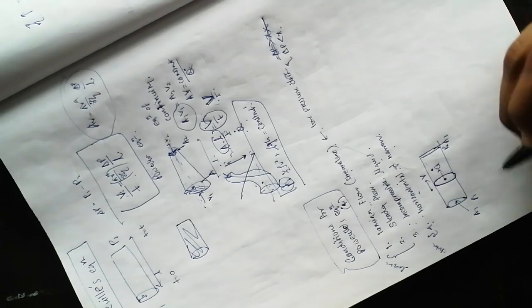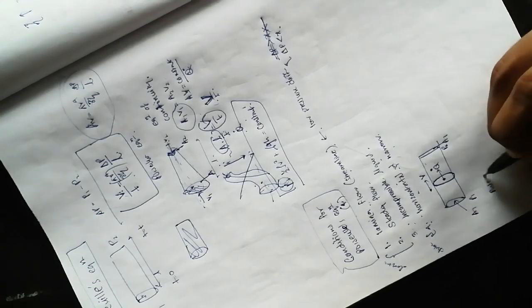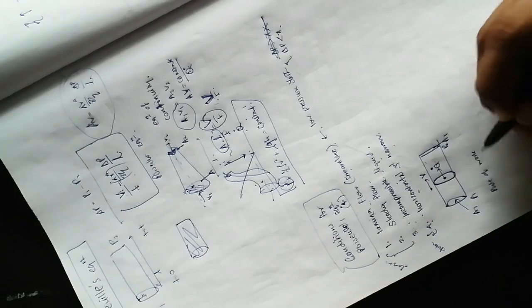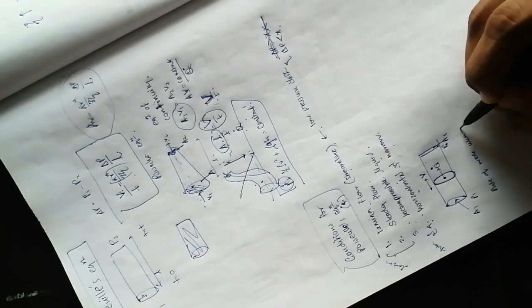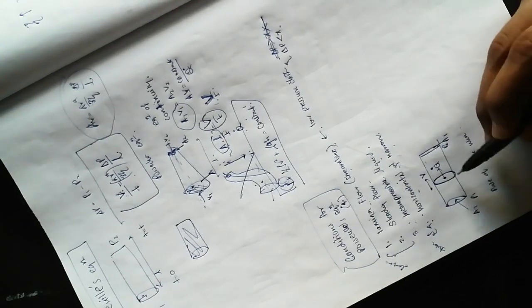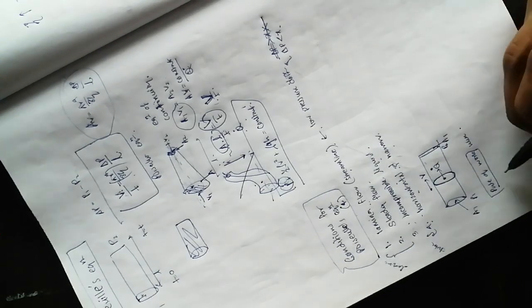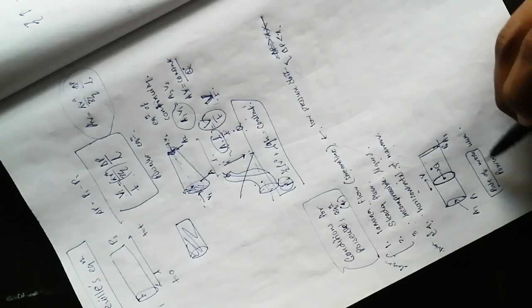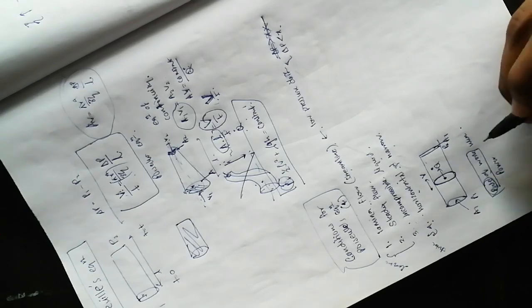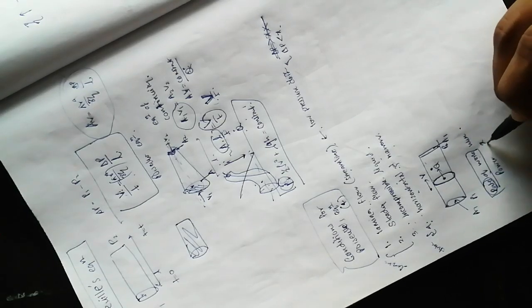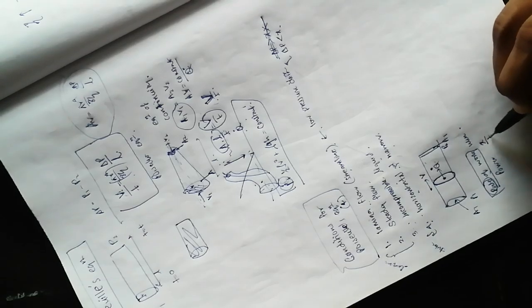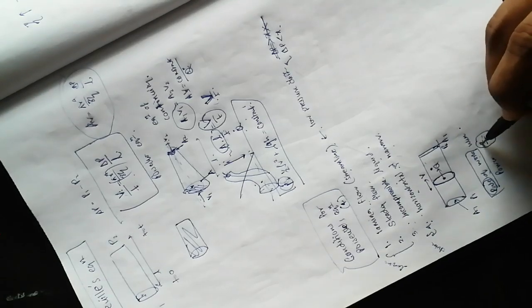Now find the rate of work when the viscous fluid is flowing along this tube. What do you call a rate of work? That is the power. If you consider x, if it is divided by t, this is rate of x.